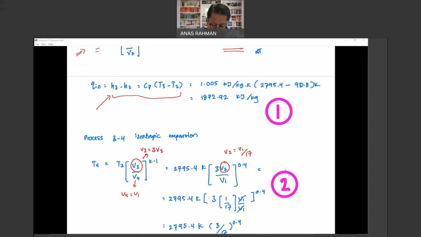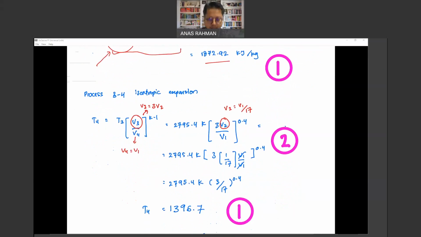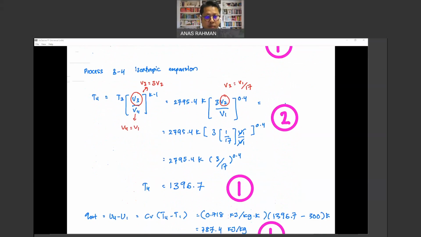But H3 minus H2 can be simplified, because it's a constant pressure process, to Cp times (T3 minus T2). You substitute everything and get your Q in. Next, 3 to 4 is an isentropic process. You can use approximate analysis now. You can get T4.